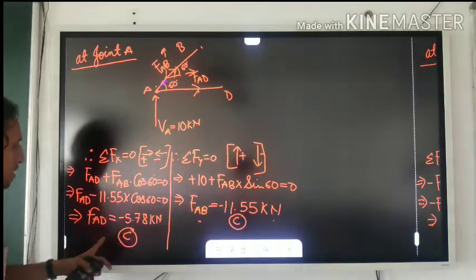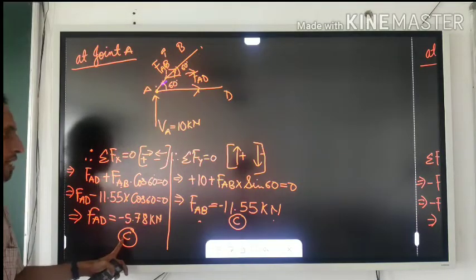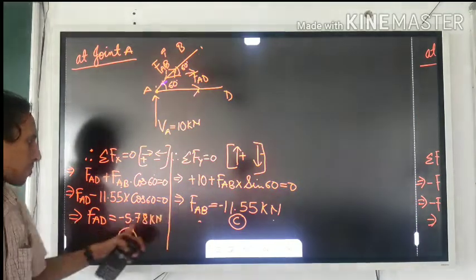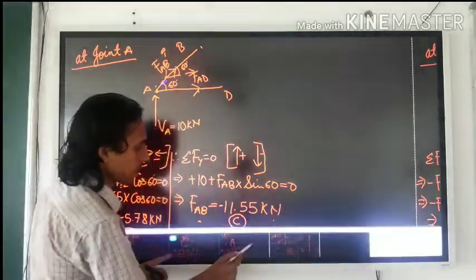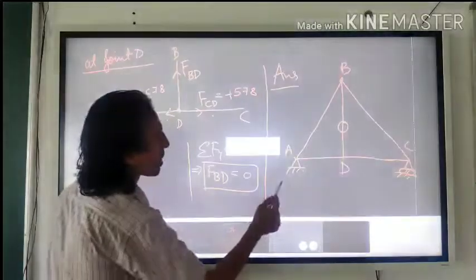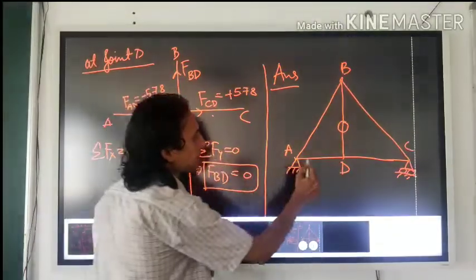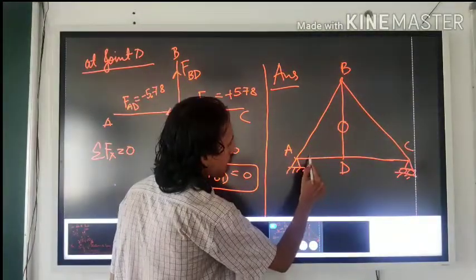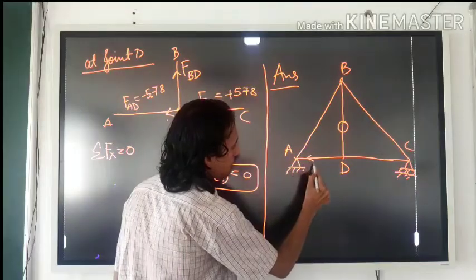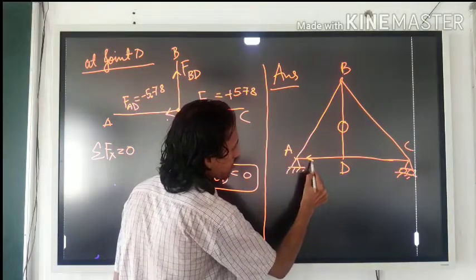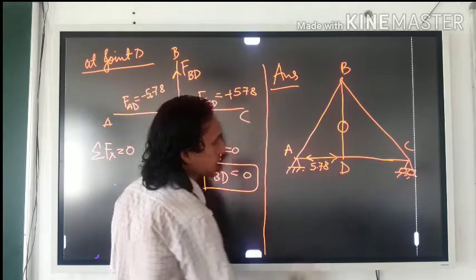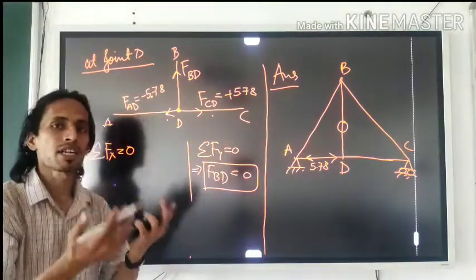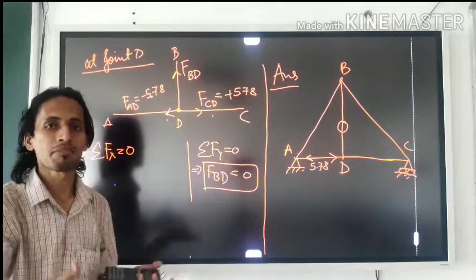Then you have calculated that AD is in compression, with value 5.78. So AD is in compression 5.78, because the same compression will be for the whole member.